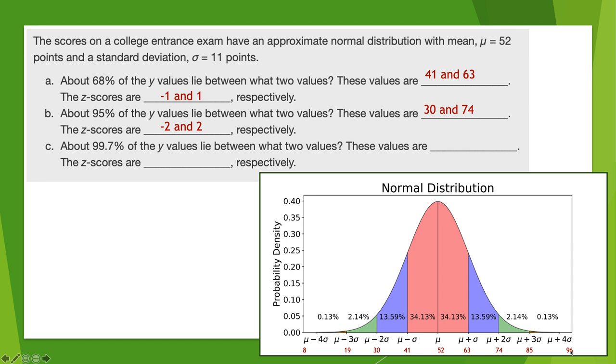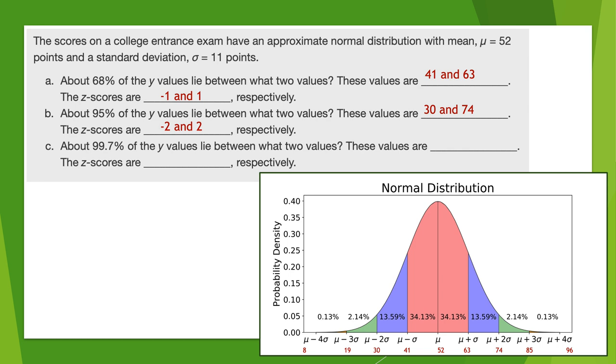That's what happens every time I go up by a standard deviation. What do I get when I go down by a standard deviation? I go to 41, to 30, to 19, to 8. So that's how I arrive at the values on the normal curve. And it's very helpful a lot of times to fill that data in, because then they'll ask you questions like A or B, but in this case, letter C.